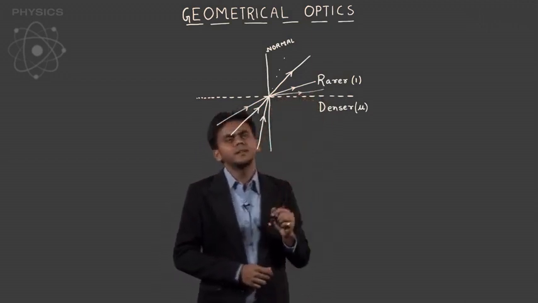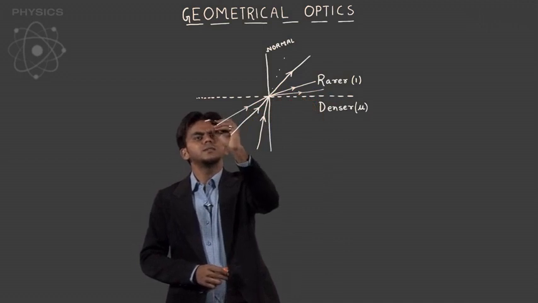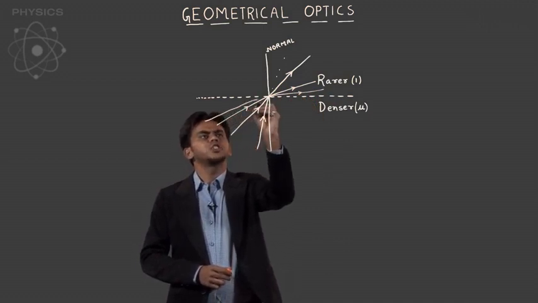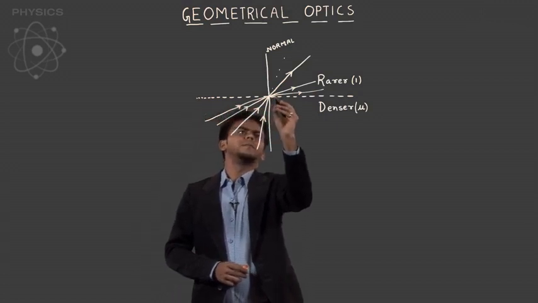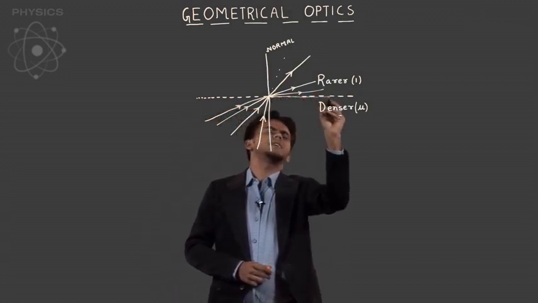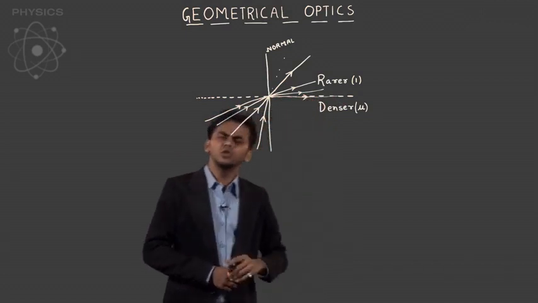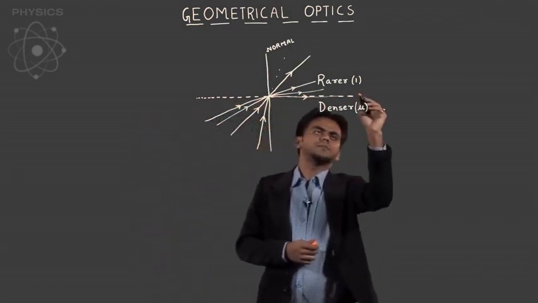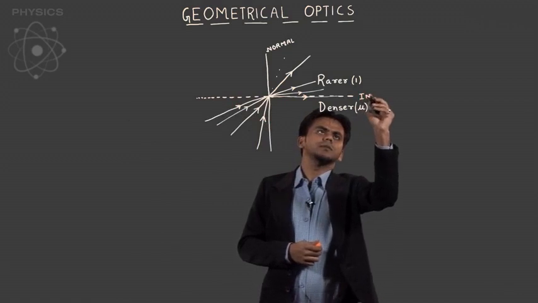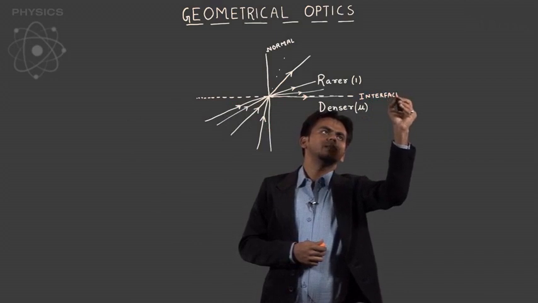There would be a point when I increase my I to such an extent that my refracted ray is almost parallel to the interface. This is my interface, at which refraction is taking place.